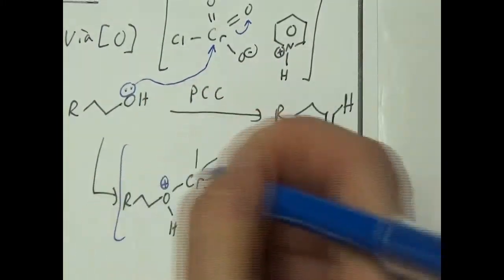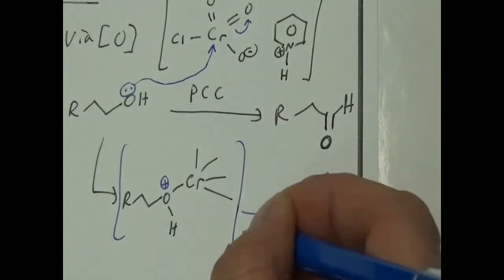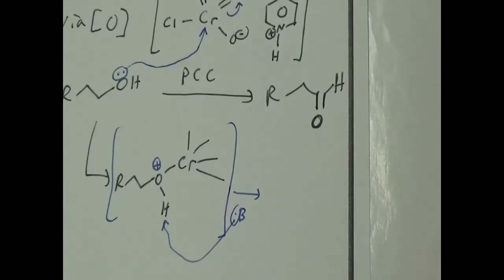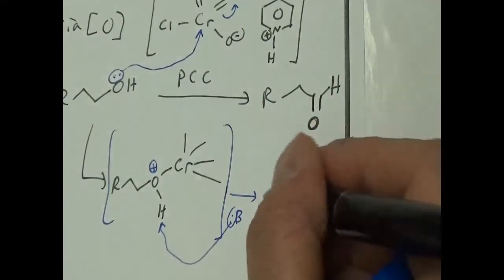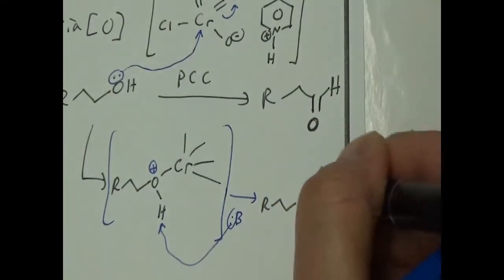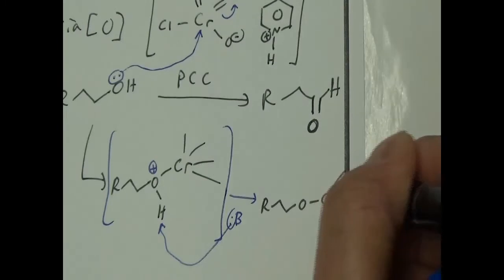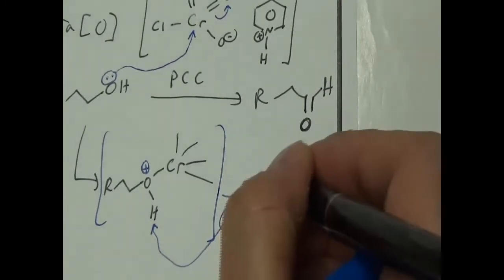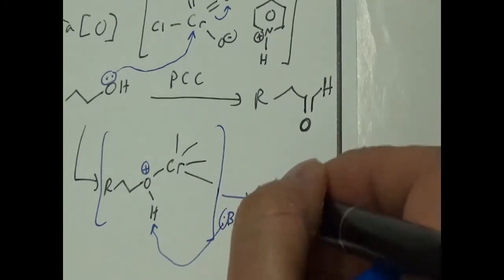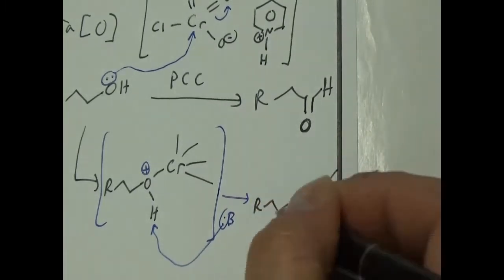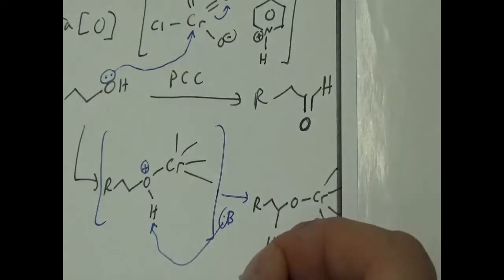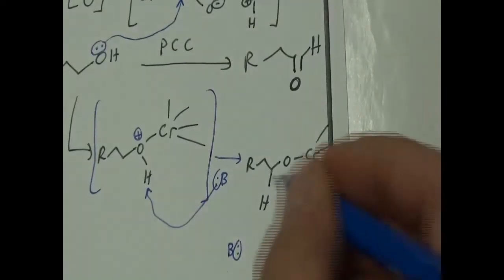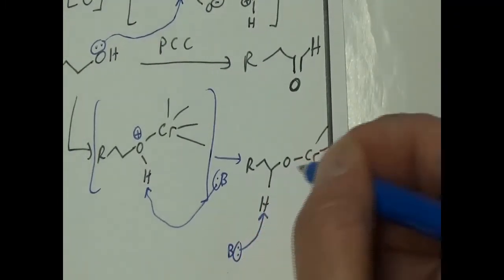Okay, and next thing is that some kind of base takes this proton. That's easy. Base takes proton, and you got chromium, and so on, right? And the next thing that happens is a base, a mild base, it could be chloride even, takes off this proton, and now that's where the oxidation takes place.